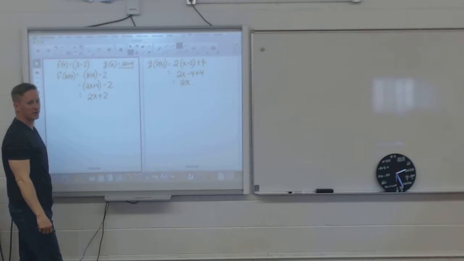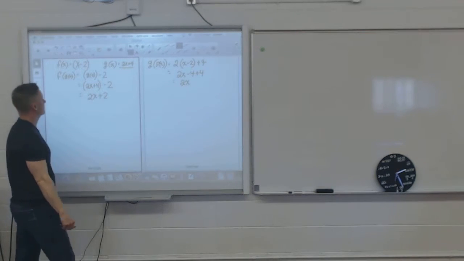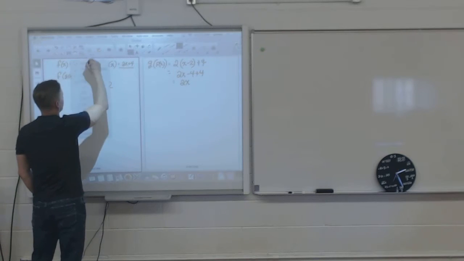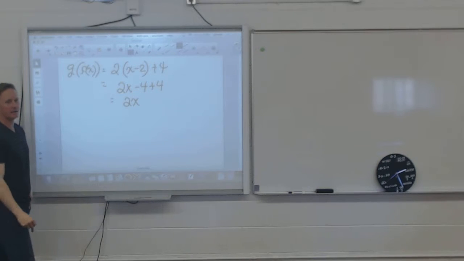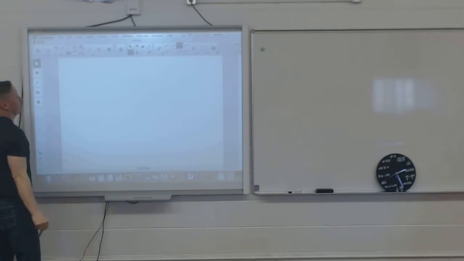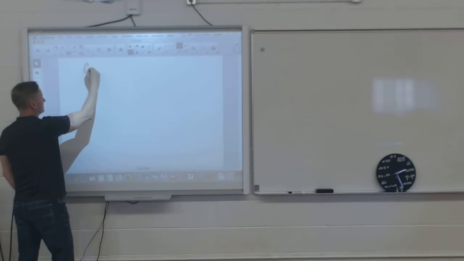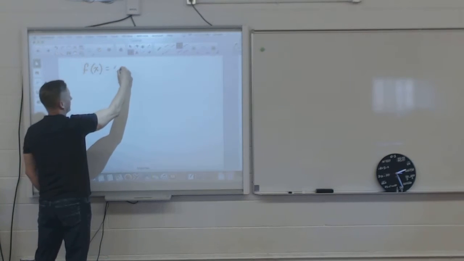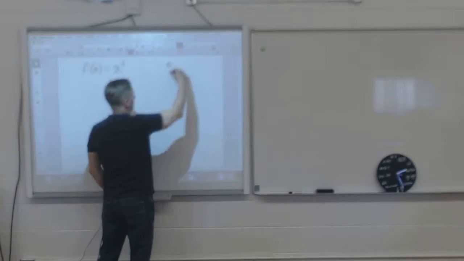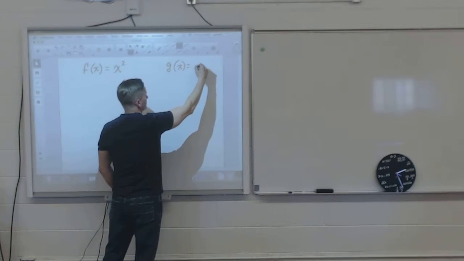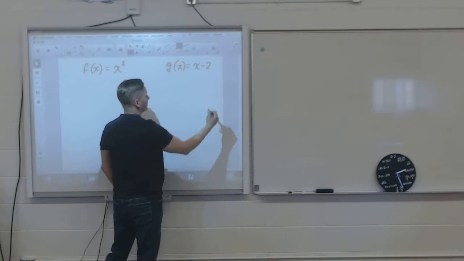Right on, we already lost you. Let's see. Anybody else lost? Out of curiosity, let's do this again. Let's change this up so it doesn't look so similar. F of x is equal to x squared. G of x is equal to x minus 2.